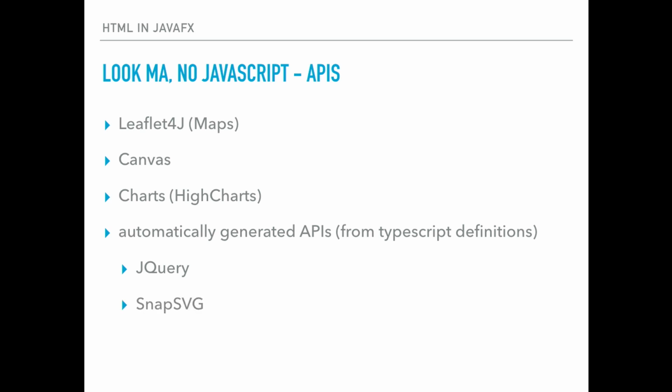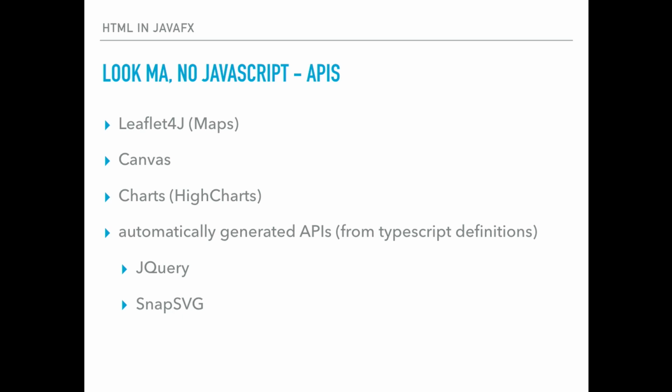So for TypeScript, there are so-called type definitions. You have these typedef files that you can use to have a typesafe version that calls a JavaScript library. And we're using these type definition files to generate Java APIs automatically, and you can use them.